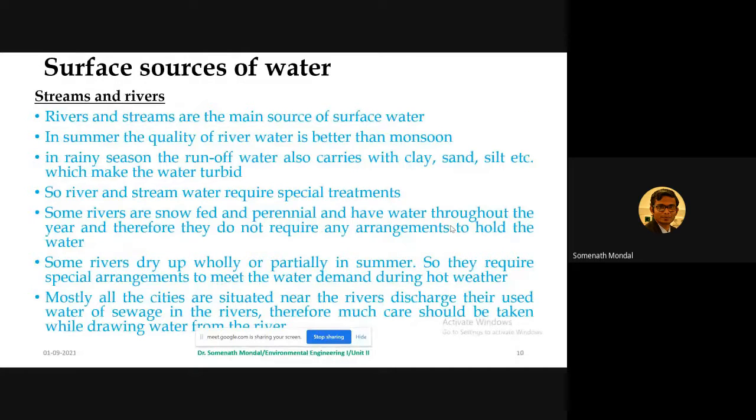Next, we are going to talk about streams and rivers. These are the different forms which we are now considering here. So rivers and streams are the main source of surface water.